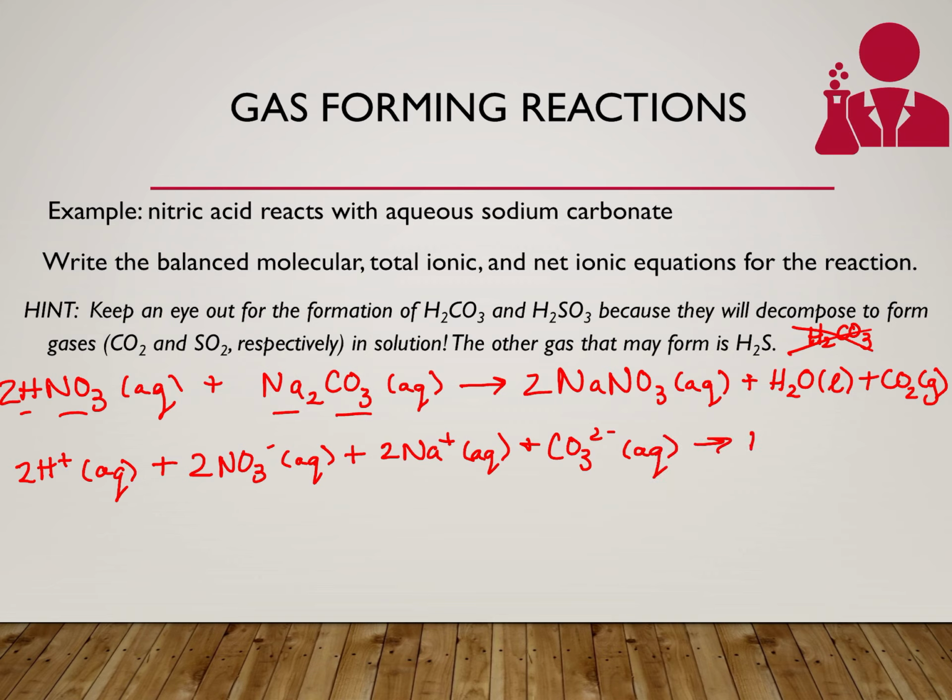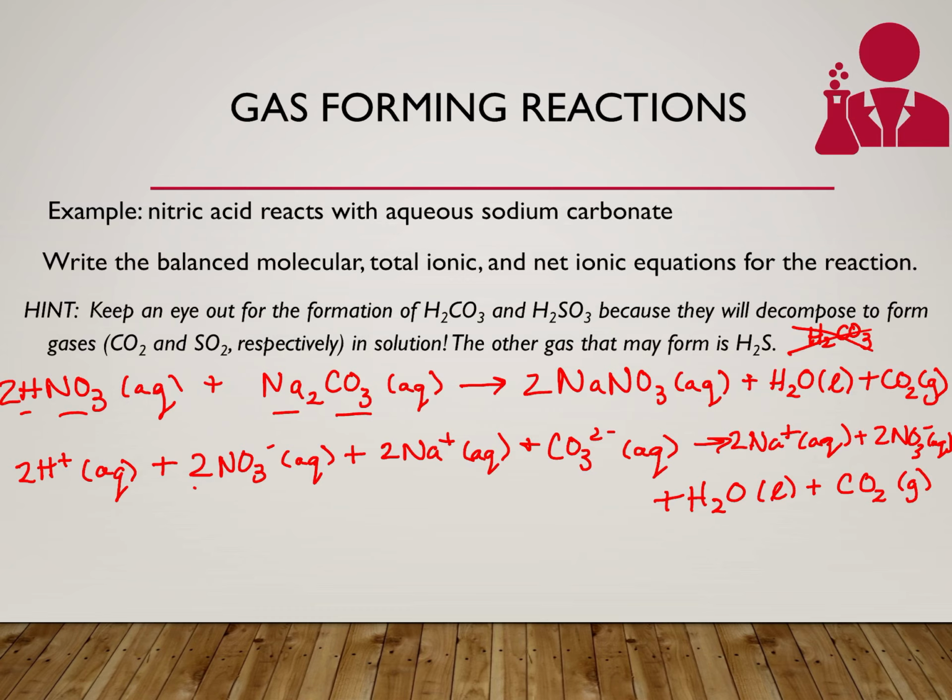Then we have sodium nitrate, which is aqueous because anything with sodium or nitrate is aqueous. And then we have water, which is a pure liquid, so we can't break that apart. And we have carbon dioxide, which is a gas, so we can't break that apart.